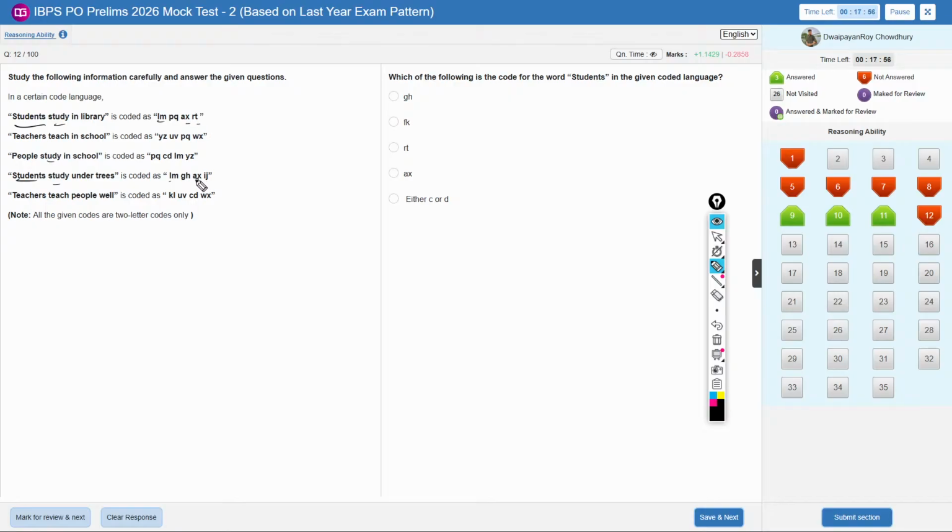Okay, AX is also here, so AX only. But RT is not here, right? Student, study, library, letter. RT is here and only here. So library must be associated with RT.